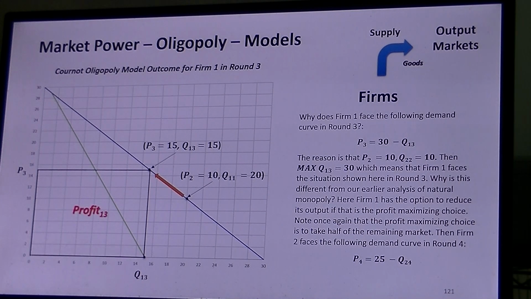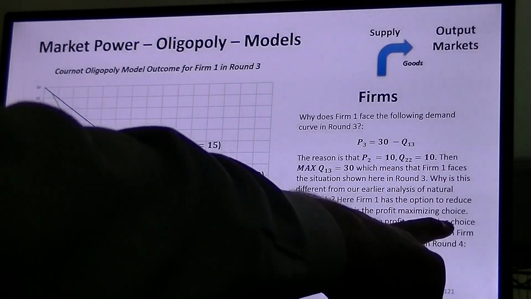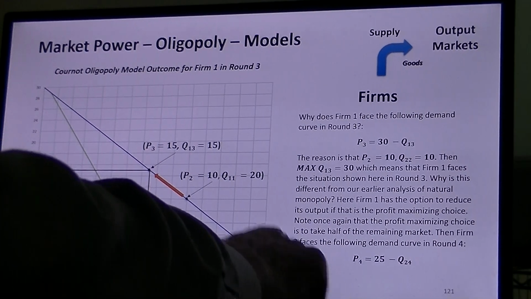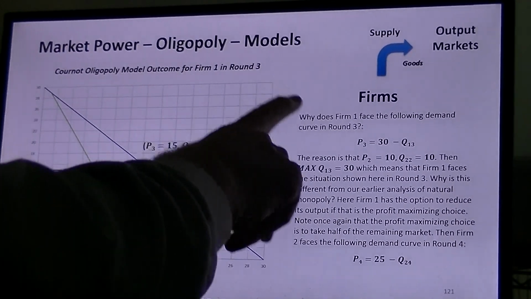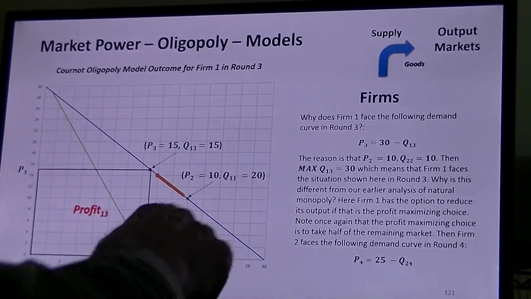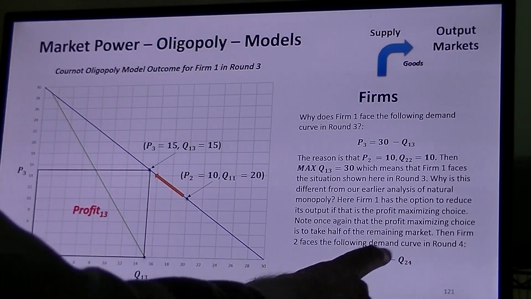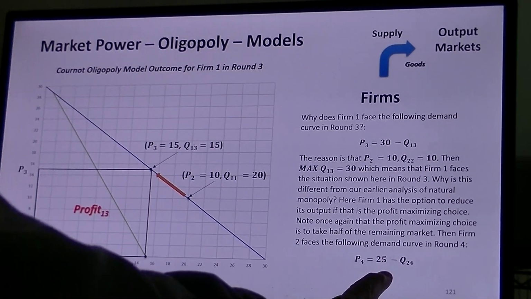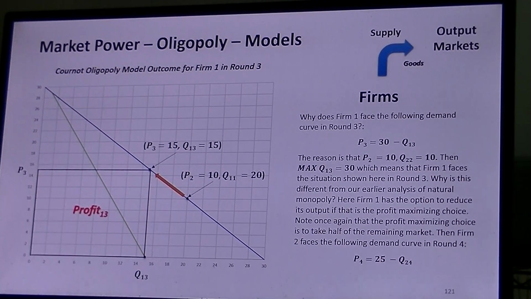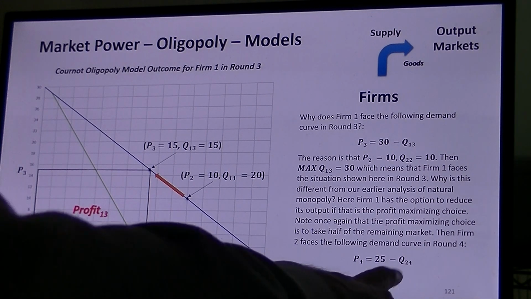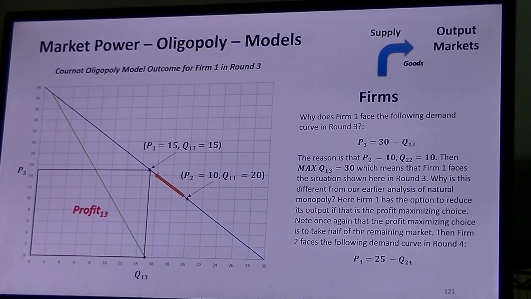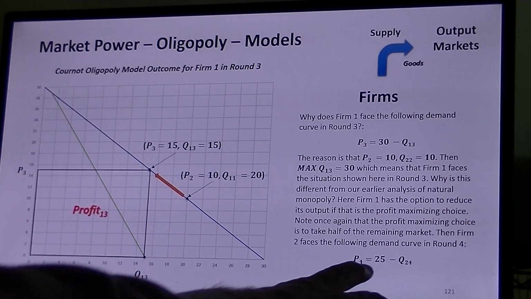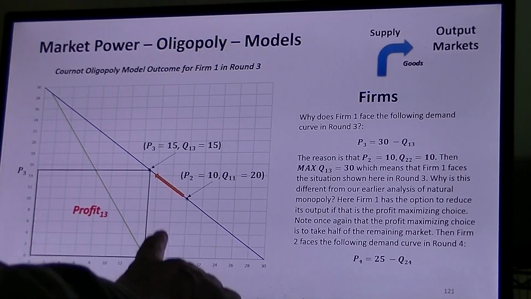So what happens here is the price in round 3 is 15. Now firm 2, because firm 1 has a quantity of 15, faces a remaining market of 40 minus 15, which is 25, in round 4. So it's 25 minus Q24. Now the firm takes half the market again, which is 12 and a half.